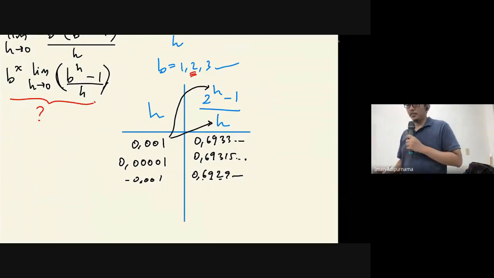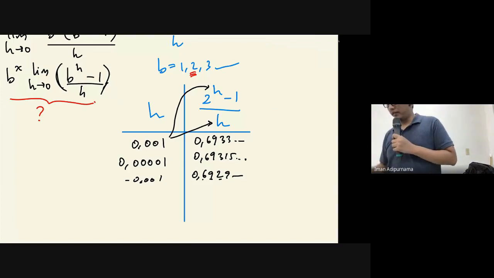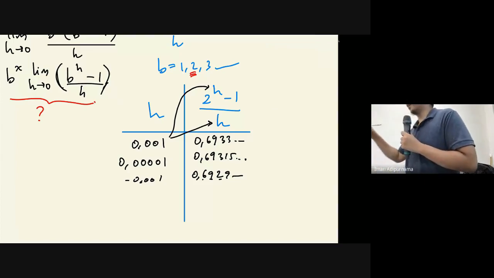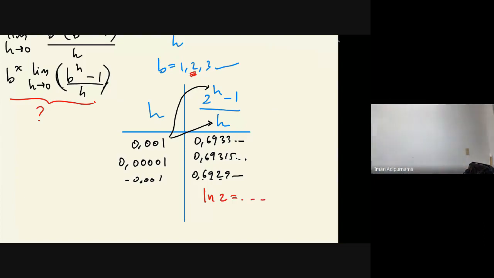Okay, and I don't have time to prove further, but let me just show you that. Can you type in your calculator ln 2? 0.6931, right?